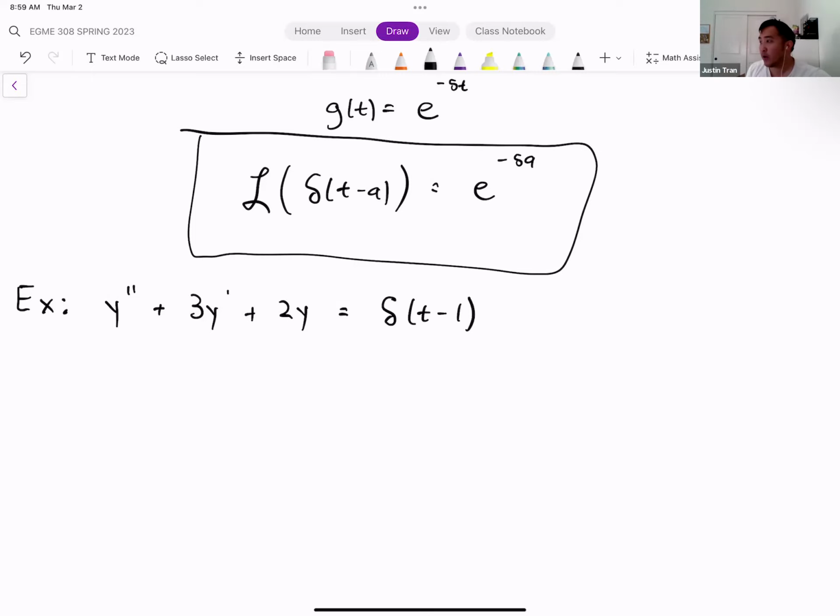And let's assume that we start completely from rest. And so both the initial function and the initial derivative are going to be 0. Okay, so we have y of 0 is equal to 0, and y prime of 0 is equal to 0. Okay, so simplest case that we can imagine.